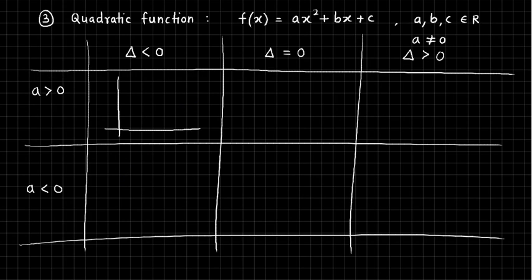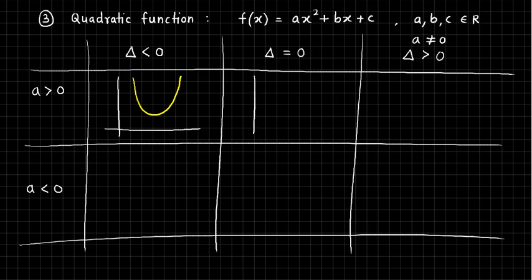It means that if we write f of x equal to 0, since the discriminant is negative, it will not have any real roots. So the graph of the function does not intersect the x-axis anywhere. So it will look like this, right? It's a parabola opening upwards and it does not intersect the x-axis.